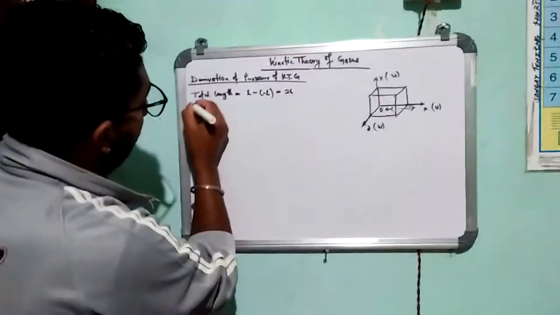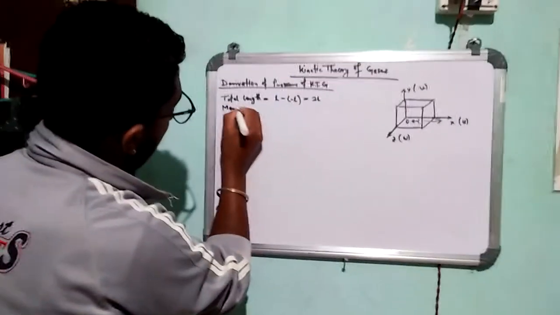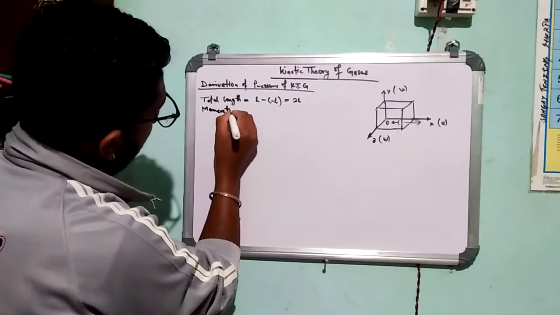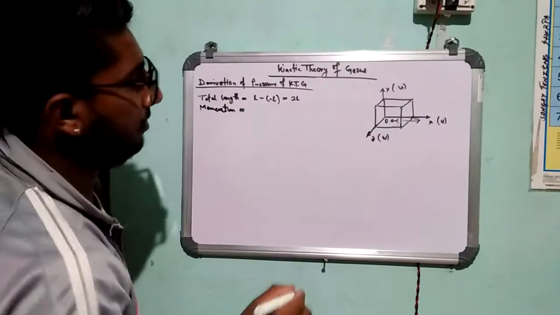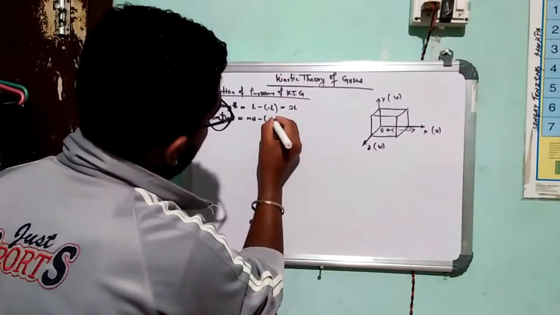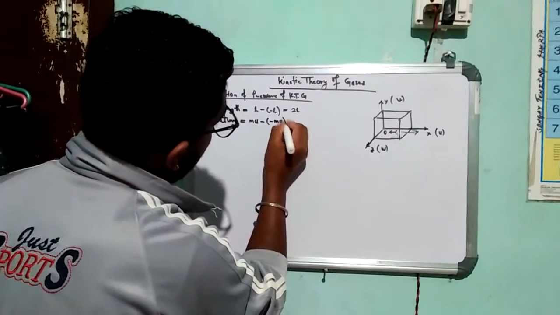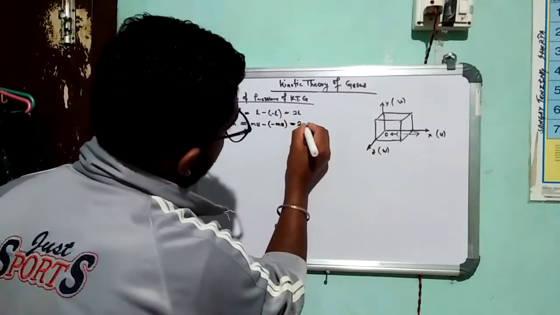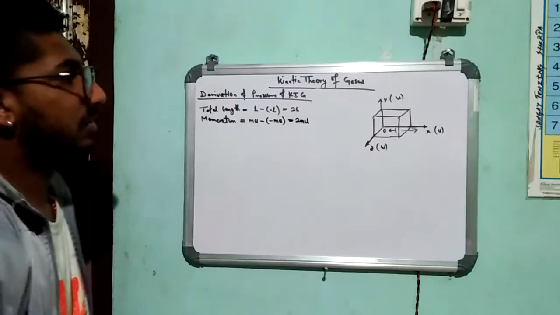Then similarly, the change in momentum is equal to mu minus, then again minus mu, which equals 2mu. Now what is time?